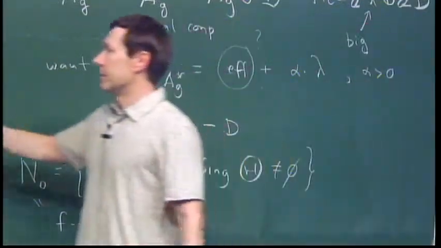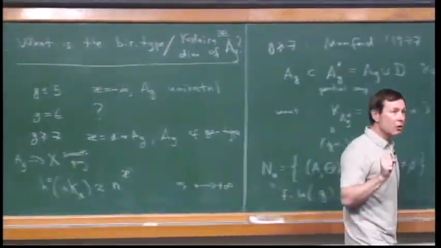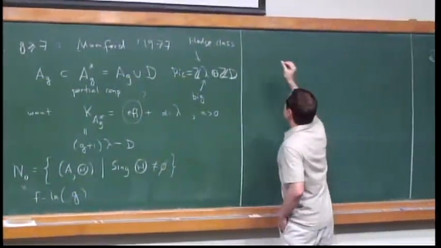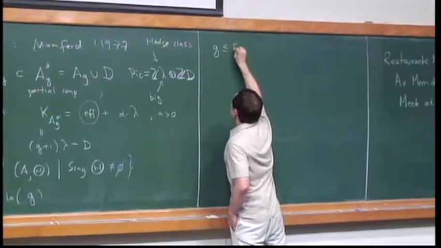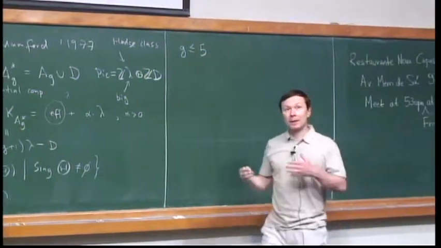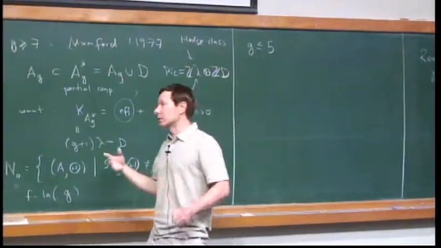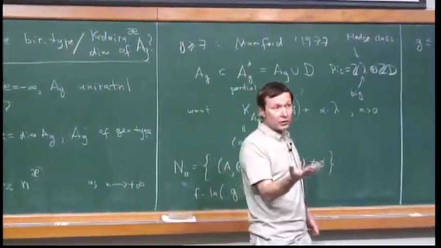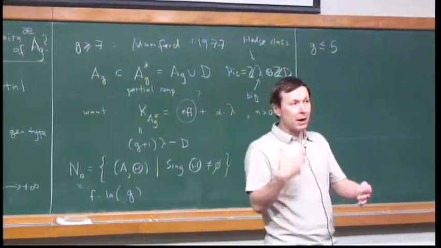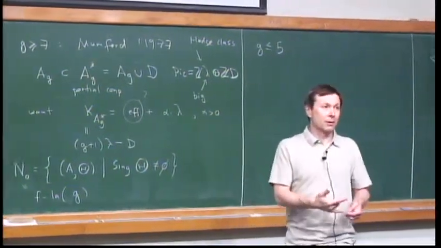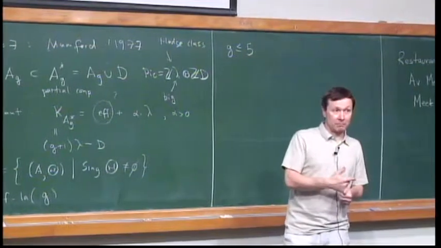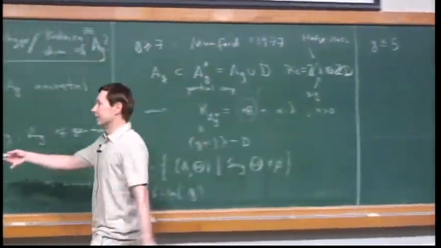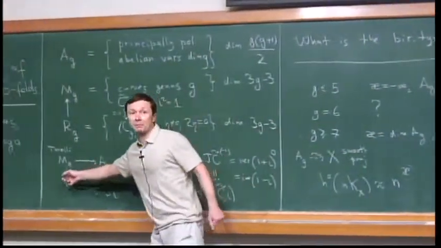So that's this case. Now for g less than or equal to 5, the game is the opposite game. So the varieties are unirational, and the way it's proved is you dominate it by some other, maybe easier, unirational varieties. And of course, this is what you do. So you use these maps.